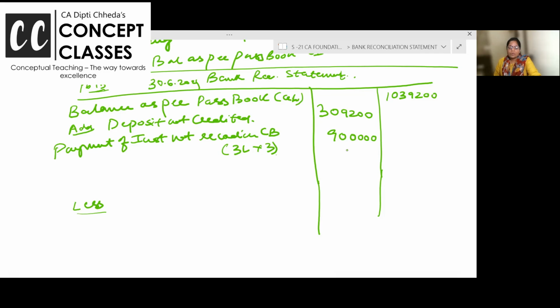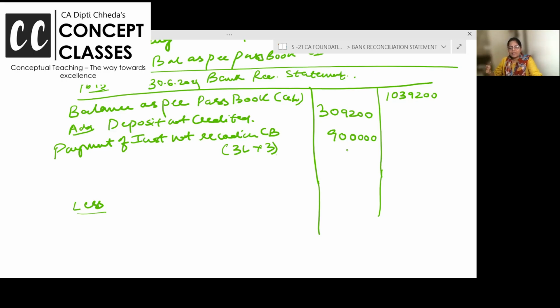The cashier erroneously entered gross amount in the bank column. So 4 lakh rupees we have paid someone and we gave them discount 4 lakh into 4%, 16,000. But in the bank column, full 4 lakh payment went. As actually from bank, the payment should go 4 lakh minus 16,000.